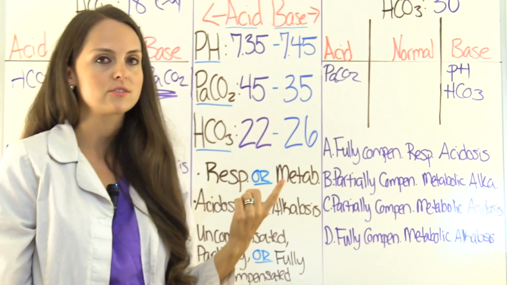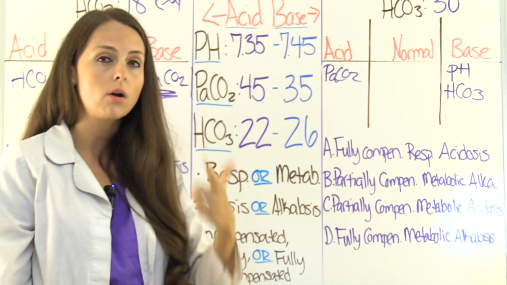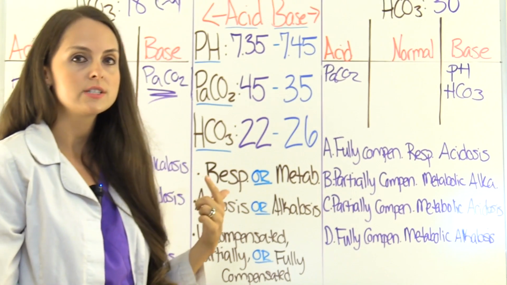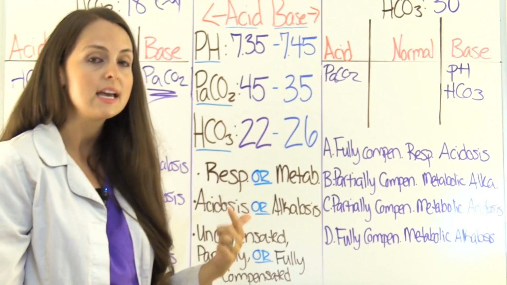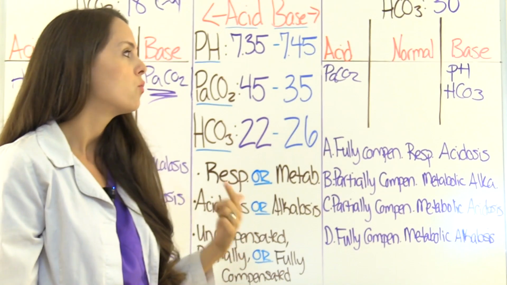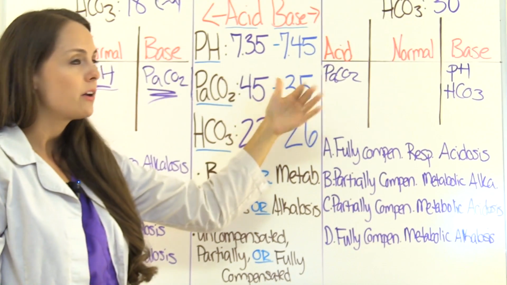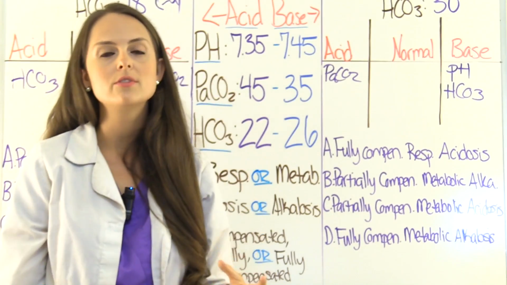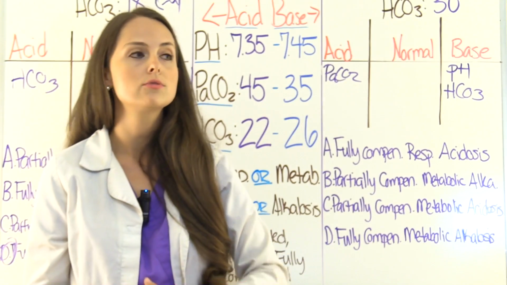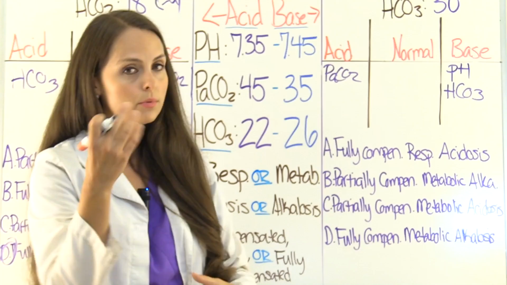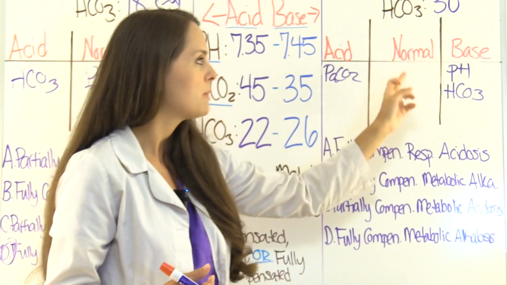So now we have to ask ourselves, is this uncompensated or partially compensated? Well, we have to look at the other system that could help us correct this metabolic alkalosis, which would be our respiratory system. And our respiratory system value is abnormal, so it's trying to compensate. It's trying to throw itself into acidotic conditions to help bring down that pH back to normal.